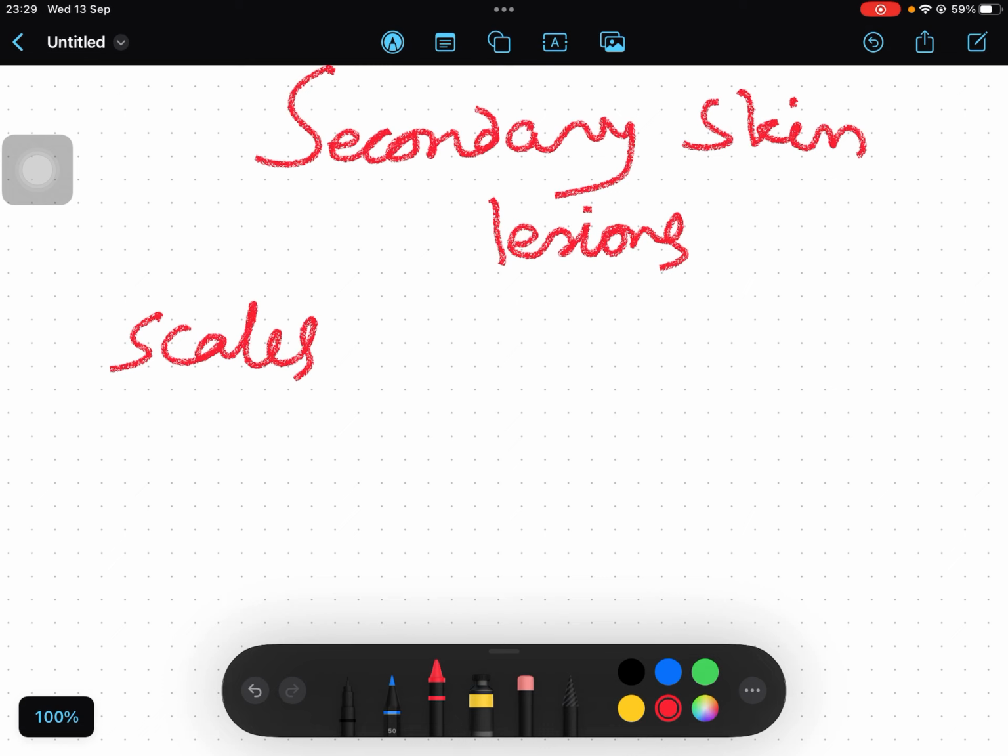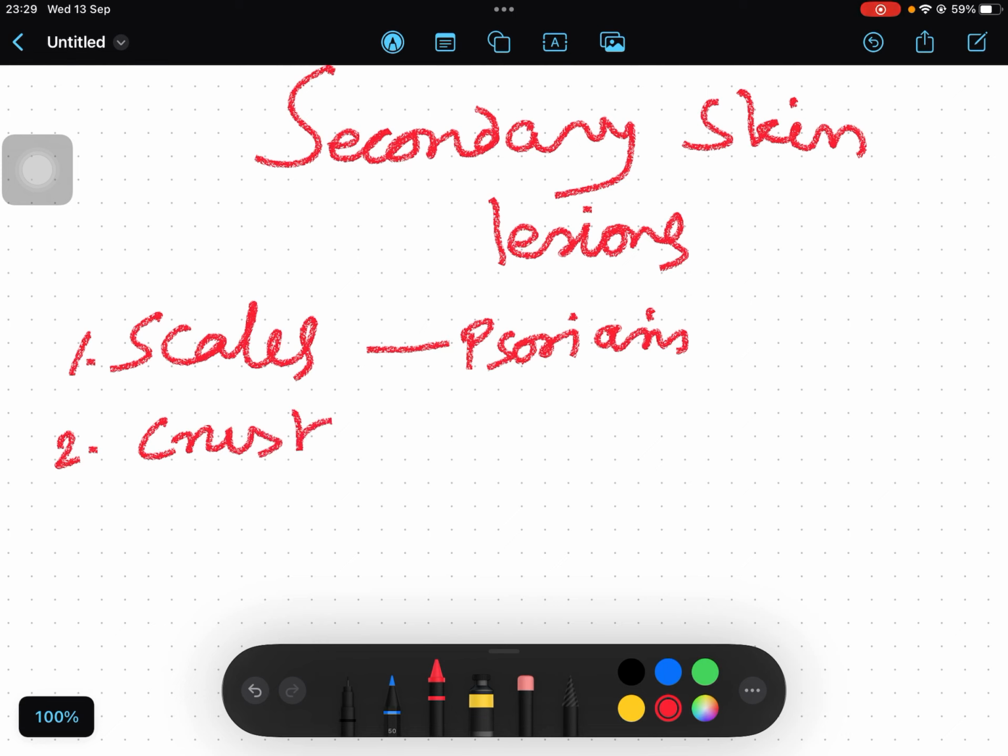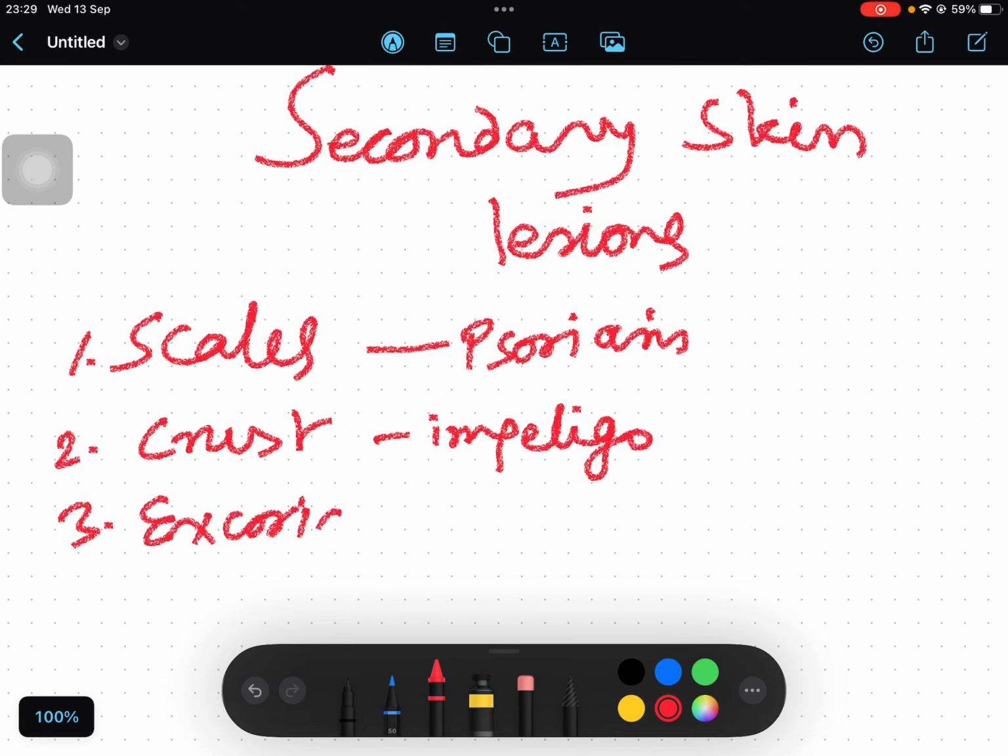So scales, these are flaking of the skin and can be seen in psoriasis. The other secondary skin lesion is crust, as seen in impetigo. The other one is excoriation. These result because of scratching of skin, as in case of scabies. So in scabies we also saw burrow as a primary lesion and excoriation as a secondary lesion.